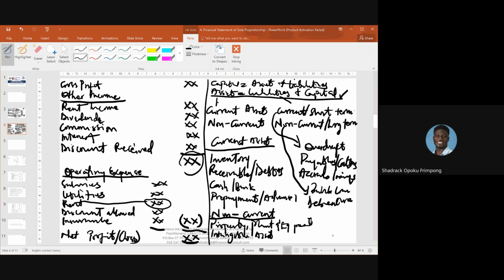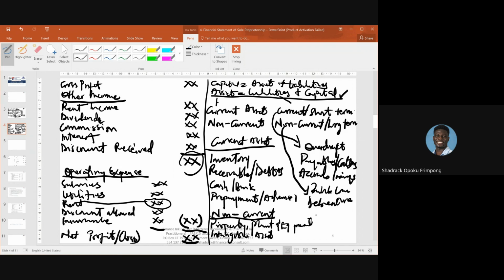But once again, this is accounting and finance, so our balance sheet will not be made up of complex items. So basically, these are our liabilities.